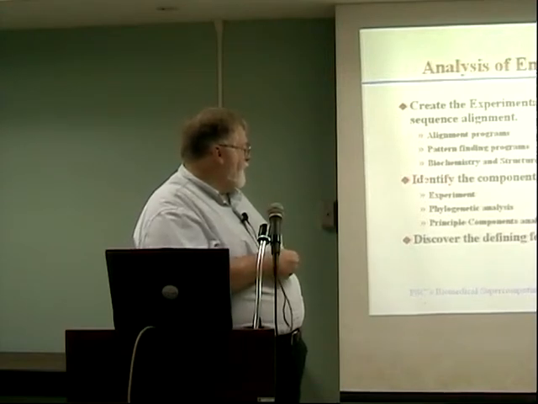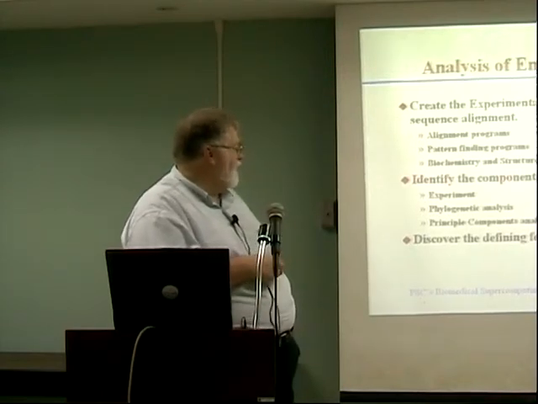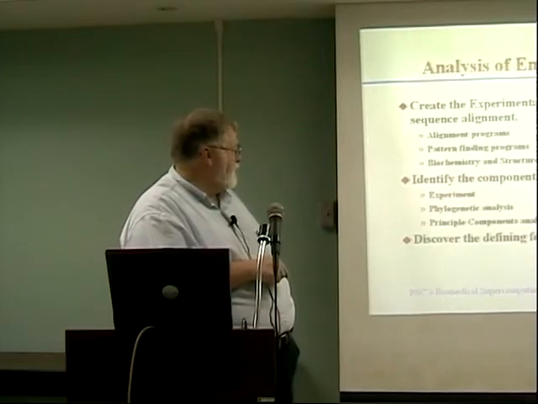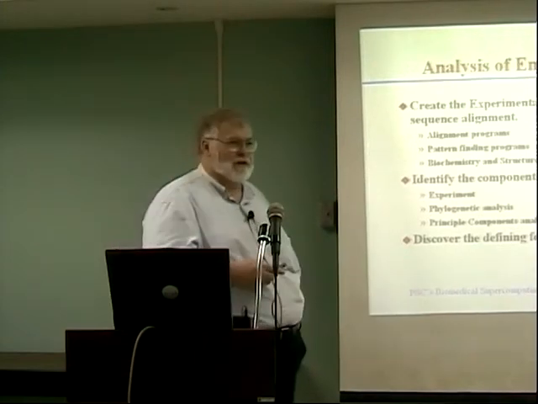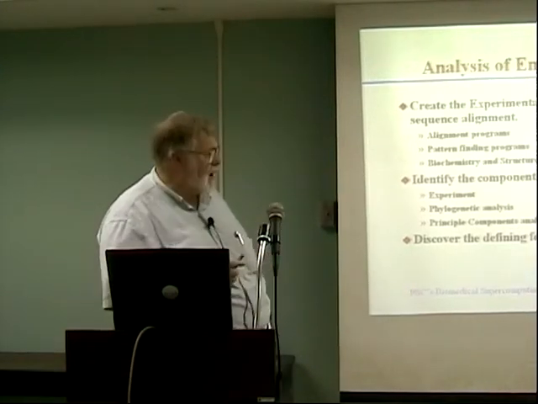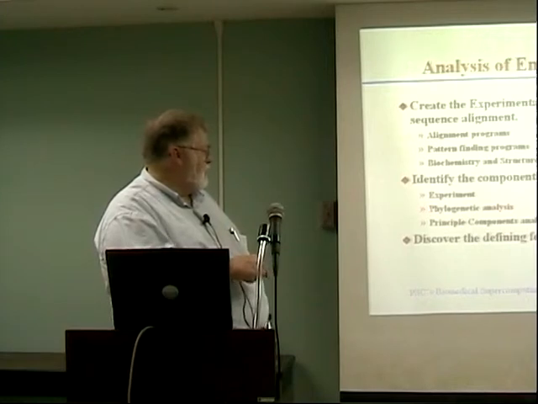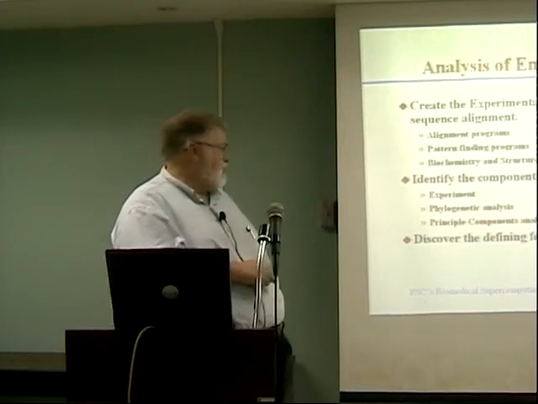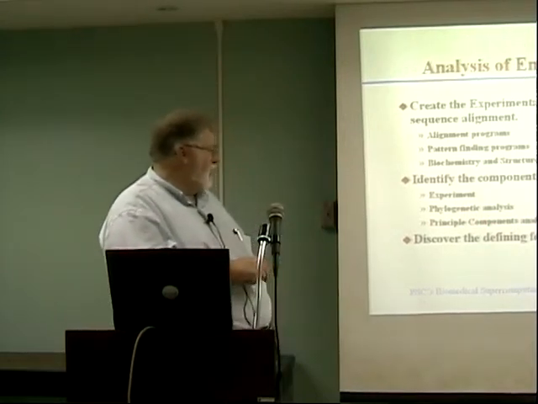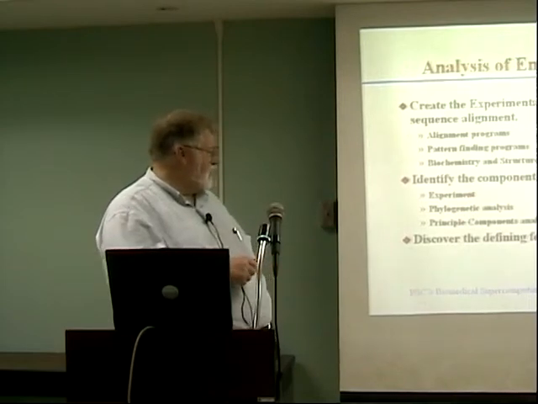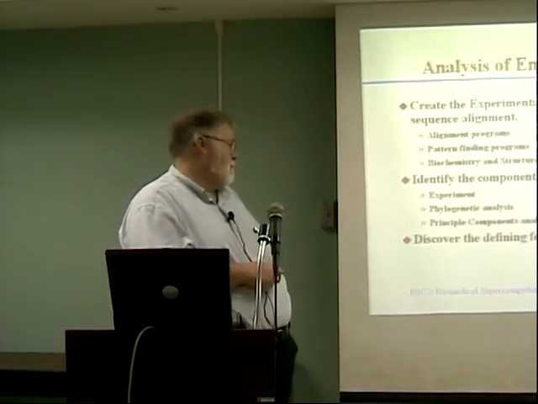And we use several sources of information for doing this. One is, of course, experiment. We have experimental observations from the laboratory about different substrates that some groups recognize and others don't. And then we're going to do a phylogenetic analysis and a principal components analysis to make sure that we understand which individual sequences belong within each of these experimentally defined groups.